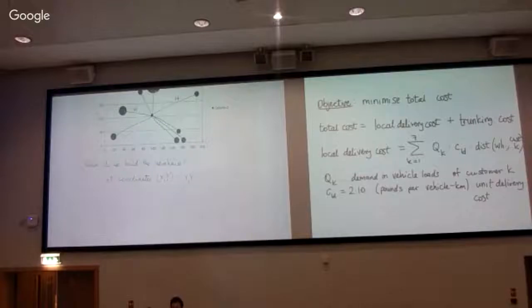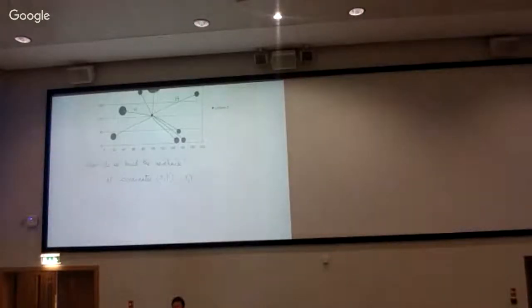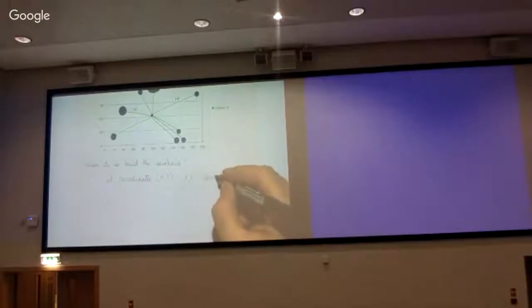But what are these things called that we try to find the best value of? They're called something variables. Ah, yes, decision variables. So x and y will be our decision variables.